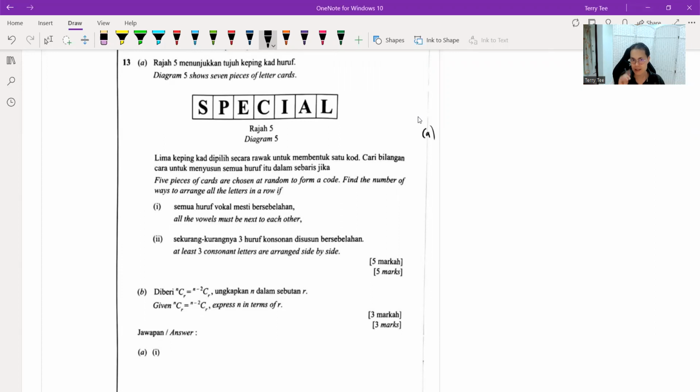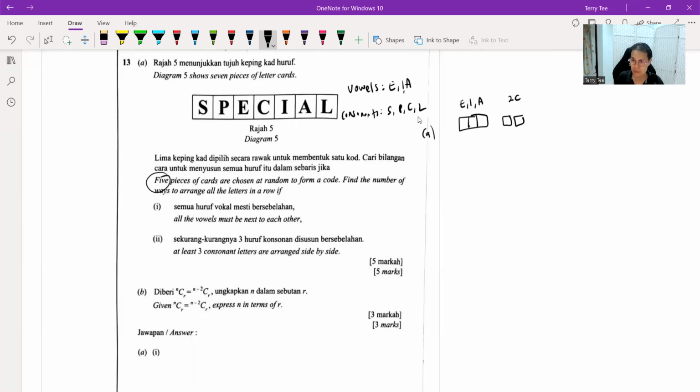First, I need to understand that I'm only arranging 5, I don't arrange all 7. When we say vowel, we are referring to E, I, A. Consonants refer to S, P, C, L. There are 4 consonants and 3 vowels. If all the vowels are next to each other, very simple, we just tie the 3 vowels together: E, I, A. Remember, we are arranging 5 only, so you must have 2 more consonants, chosen from the 4 consonants.